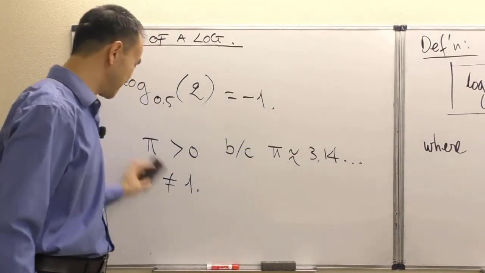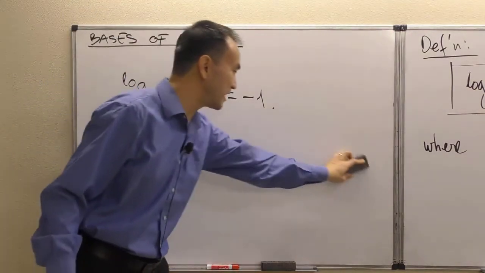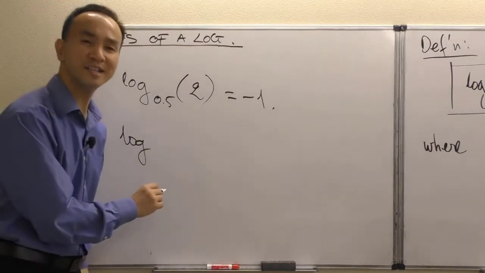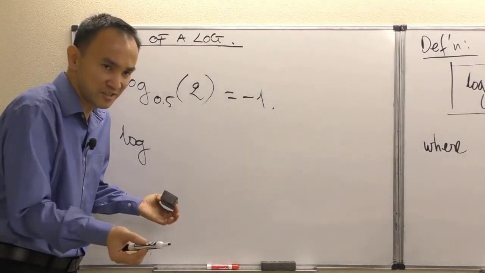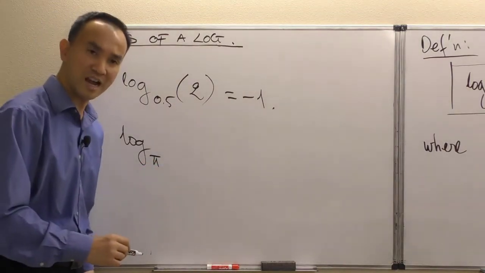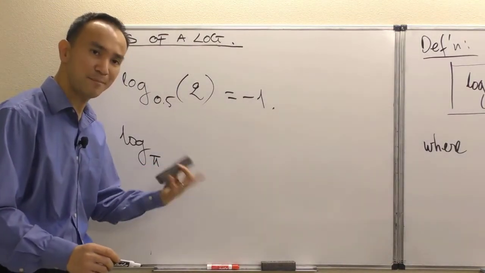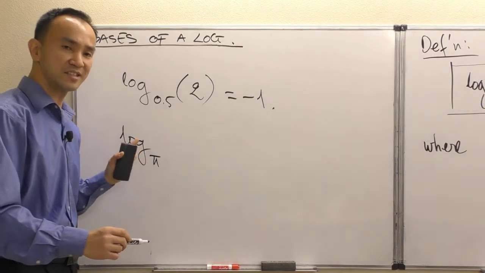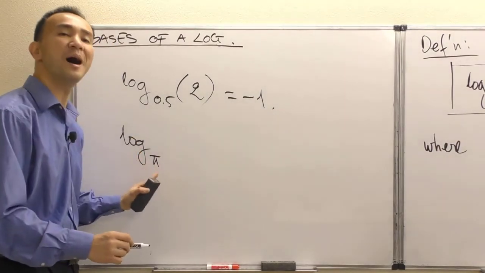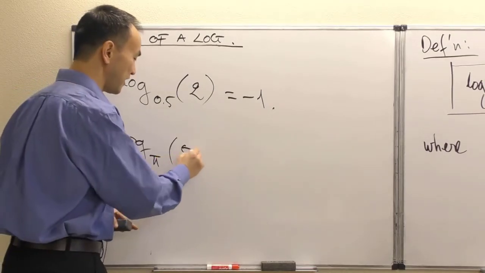I raised this up just for your awareness. Depending on the applications out there, it is entirely possible to work with a log base pi of a value, say 5.